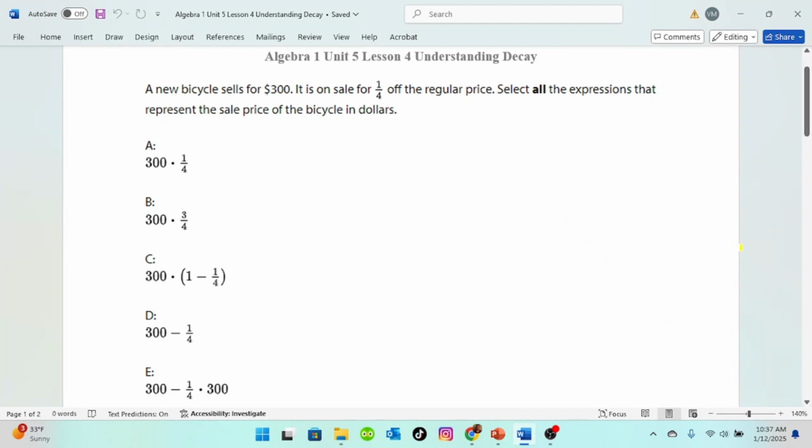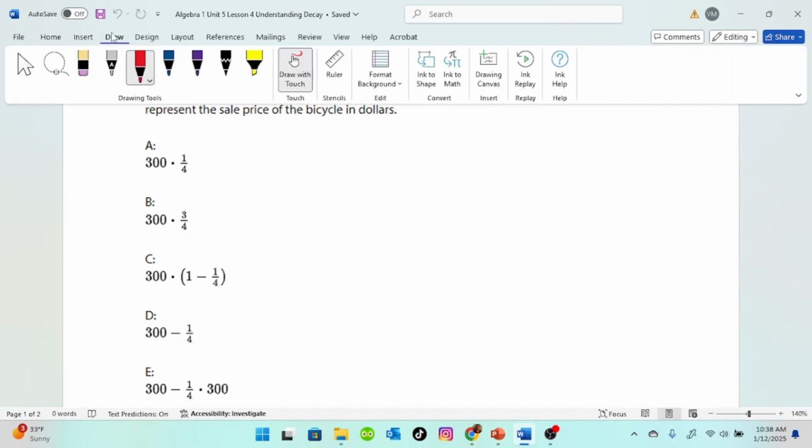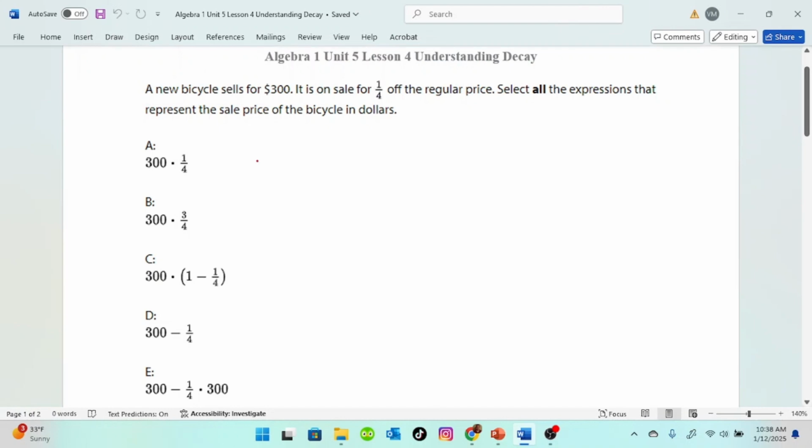Our first practice problem says a new bicycle sells for $300. It's on sale for 1/4 off the regular price. Select all the expressions that represent the sale price of the bicycle in dollars. So let's look at what each one says. A has 300, which is the price, times 1/4, which is the discount fraction.